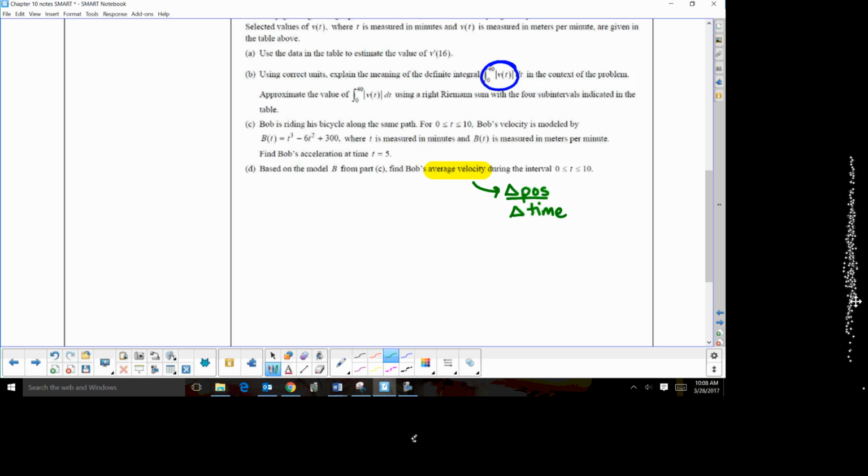Which means I'm going to have to do what to that position? Agreed? That would give me my change in position. Bobbies. Bobs. Bob.